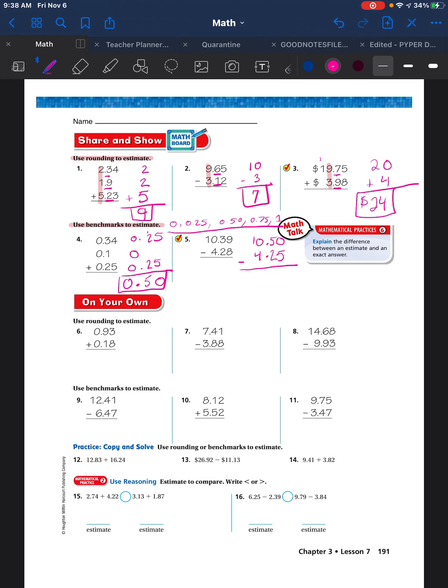And this time I'm subtracting, so I cannot take 5 from 0, so I gotta borrow. That becomes a 4, this becomes a 10. 10 minus 5 is 5. 4 minus 2 is 2. And 10 minus 4 is 6. Okay? And the problems 6 through 11 are just the same thing, just over again. So we're going to go ahead and skip that.